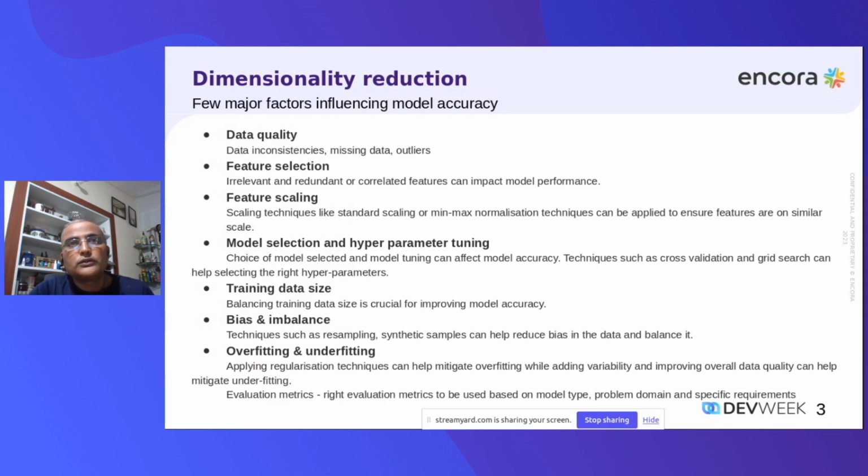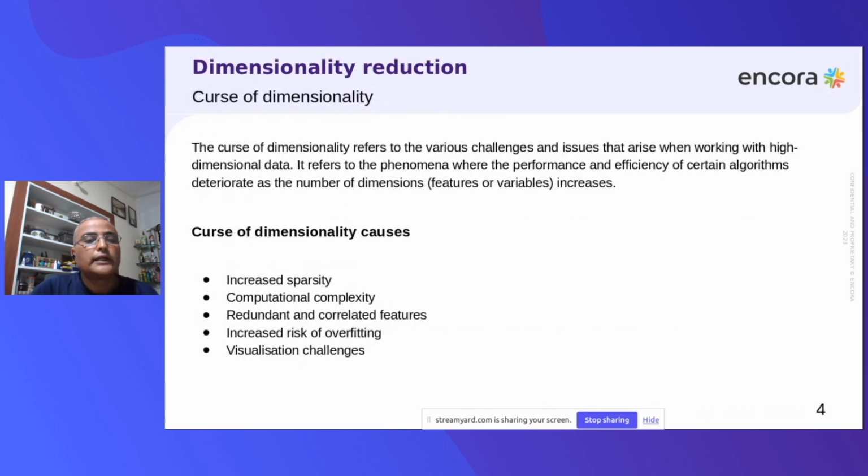So these are all the different factors that can influence the accuracy of the model. These are the factors that are applied while doing the feature engineering on the data set. I'll move to the next slide.